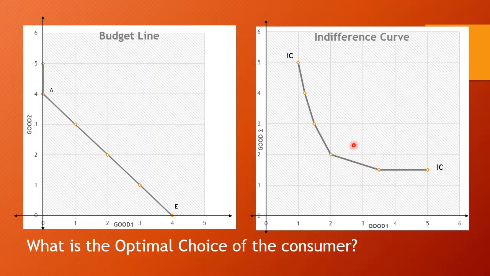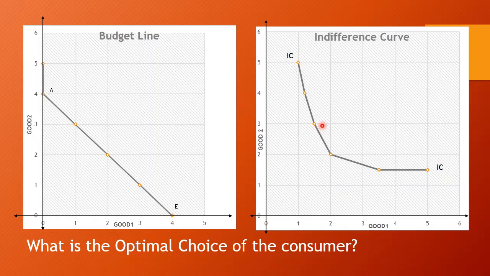Now, this indifference curve really expresses what is the consumer's wish or desire. All these bundles on the indifference curve give the consumer the same level of satisfaction. So whether he's on this point or the other or yet another, it makes no difference to him. All are the same to him.